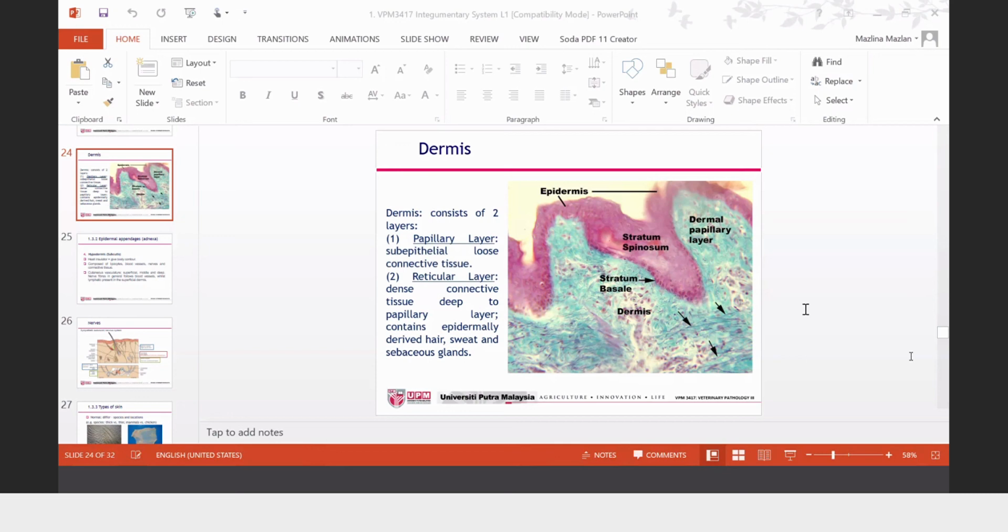For example, if you suspect a tumor of the skin, you can always take an FNA, a fine needle aspiration, and see what type of cells are in the nodules or masses under the skin. It might give you a clue.